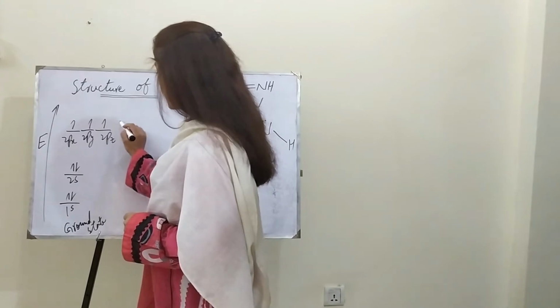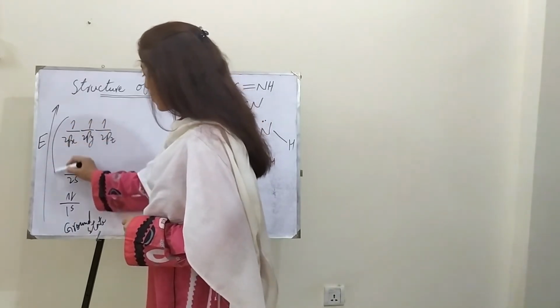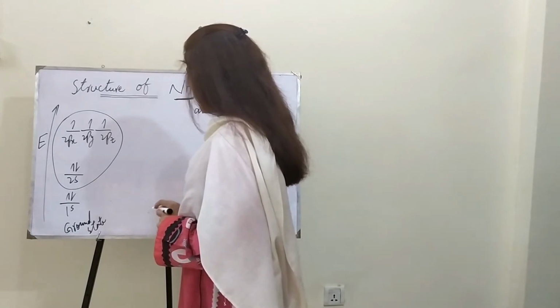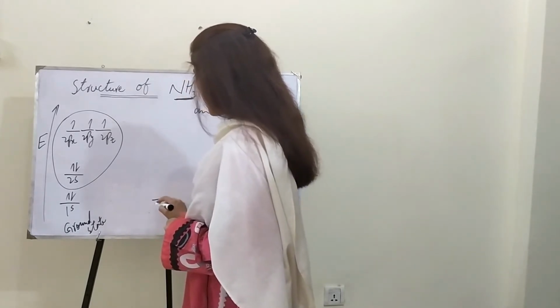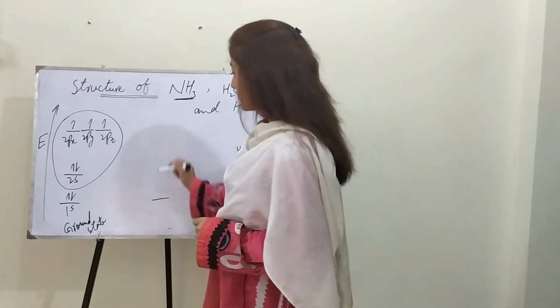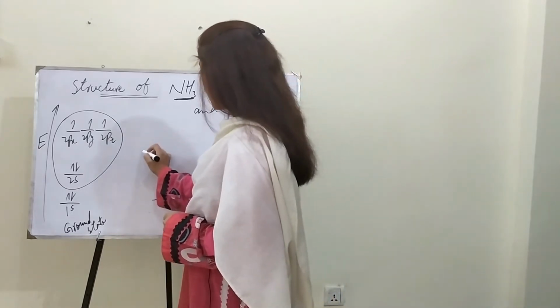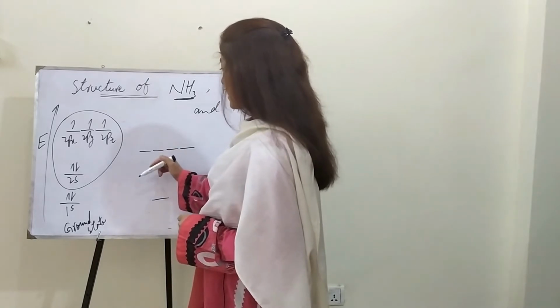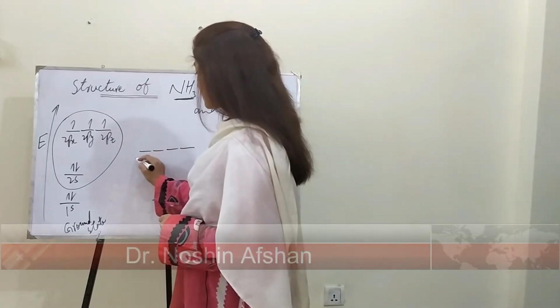So for the sake of this, all of these orbitals would intermix, and in the case of intermixing, they would generate 4 orbitals equal in energy and with same shape.